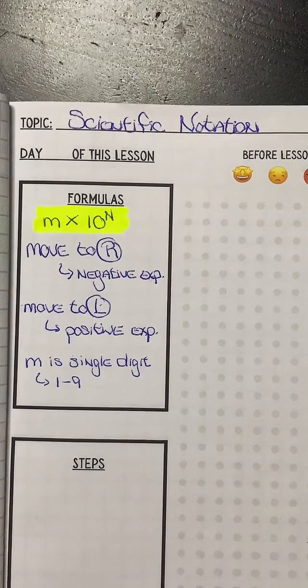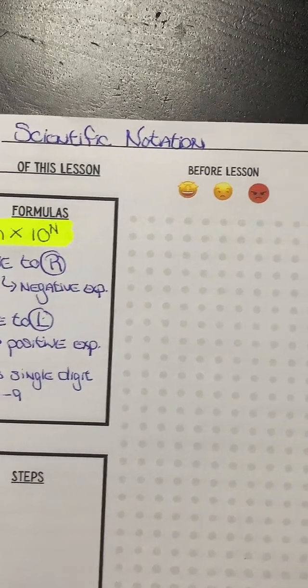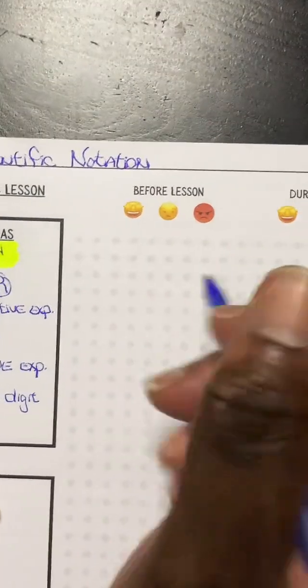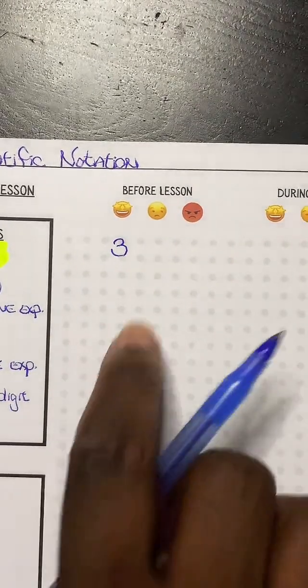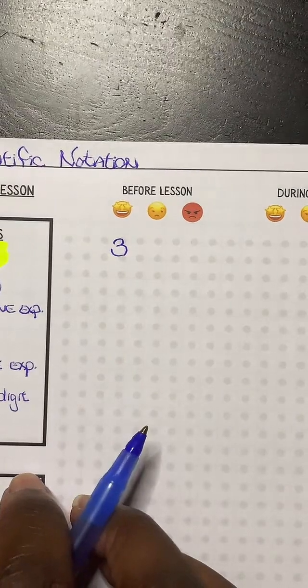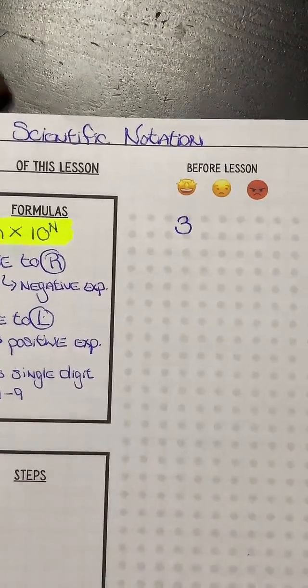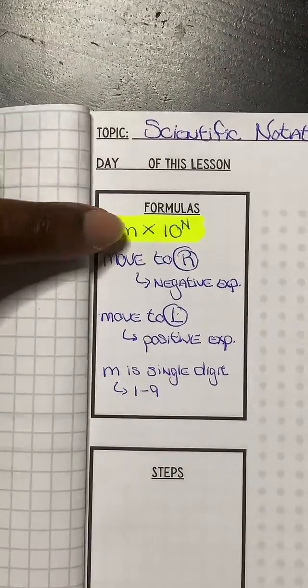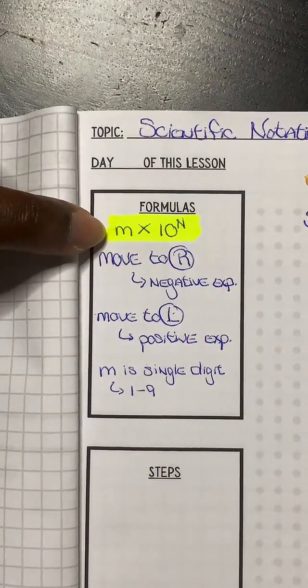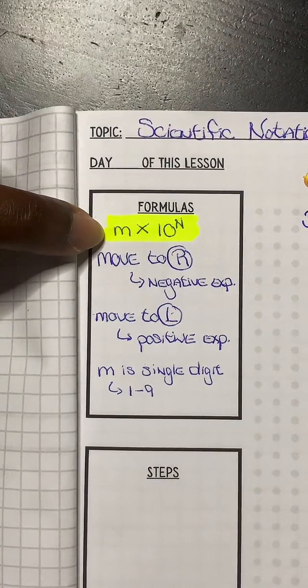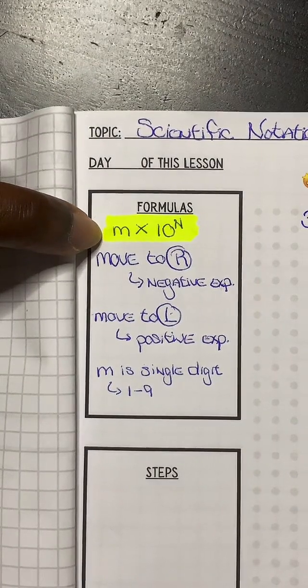So let me show you, because I'm starting to feel like I'm babbling. Now, say I give you a digit of 3, okay, I'm reaching here. If I give you a digit of 3 and I want you to put this in scientific notation, first off, your value that's supposed to be in front only ranges from 1 to 9. It can't be a 2-digit number.